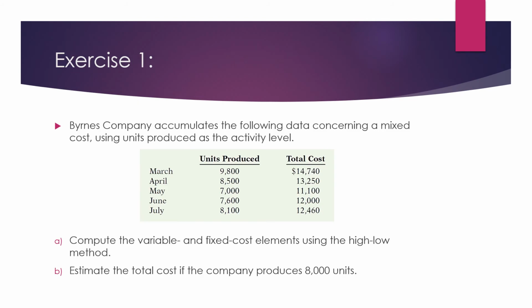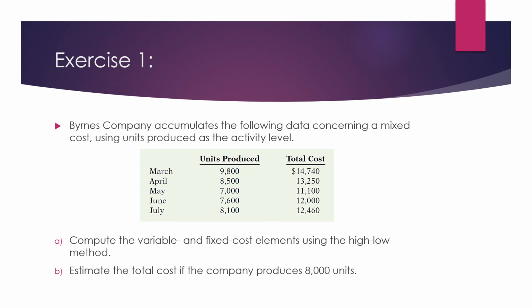This is the data concerning a mixed cost using units produced as the activity level. So we have here the months March, April, May, June, July, and the units produced and the total cost. The question is: A, compute the variable and fixed cost elements using the high-low method.